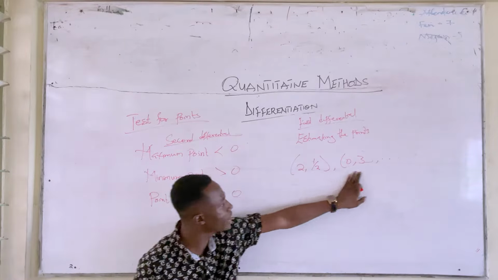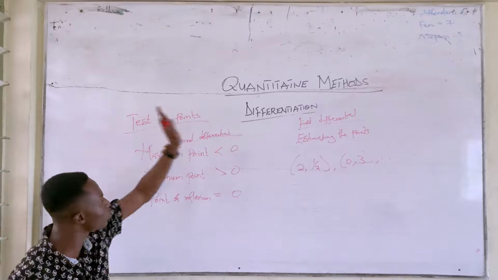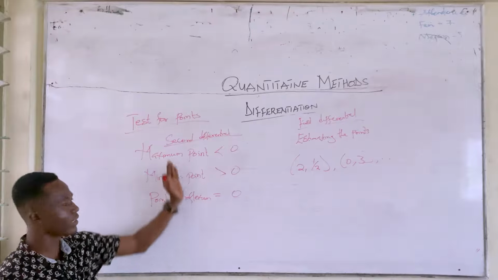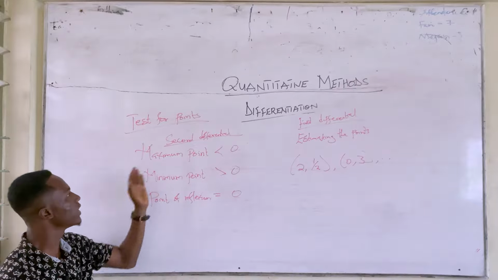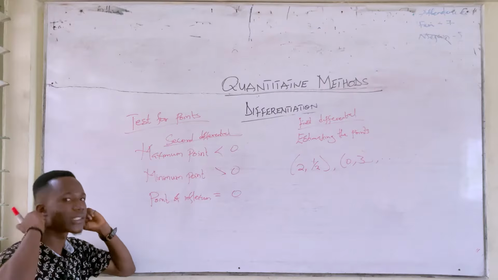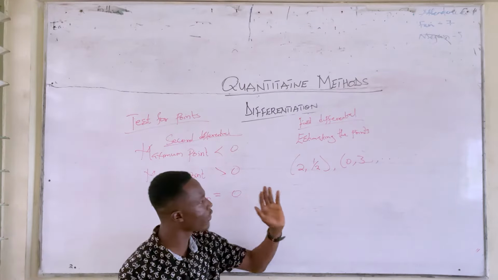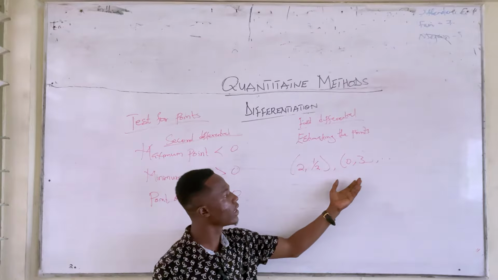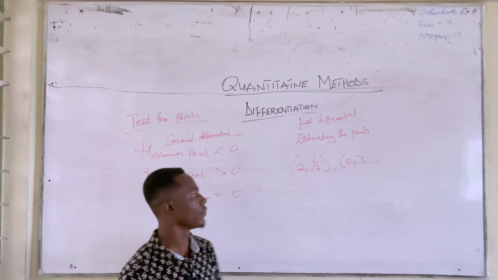So we derive the points from the first differential. Then we come to the second differential to determine these three. So anytime a question asks you to determine the nature of a point, have it in mind, you must go to the second differential. But if you are asked to calculate or estimate any point, that is under the first differential.